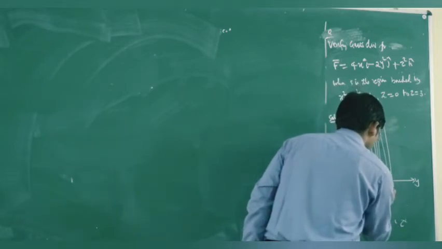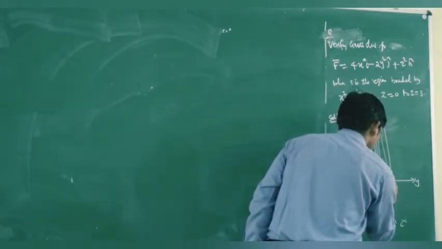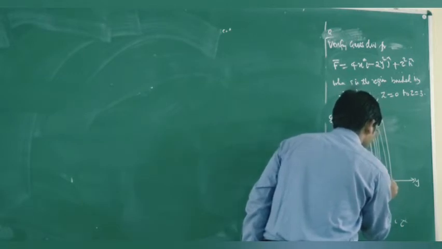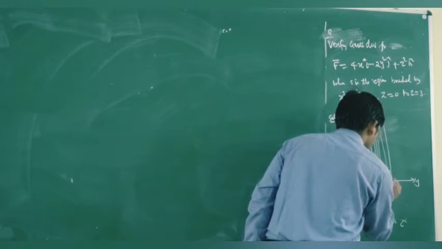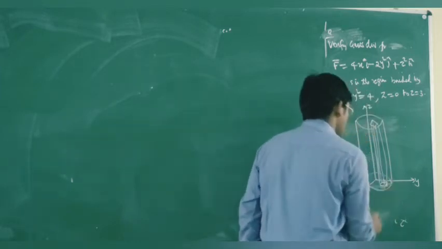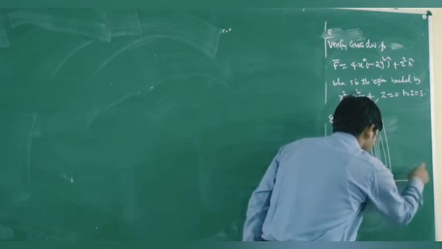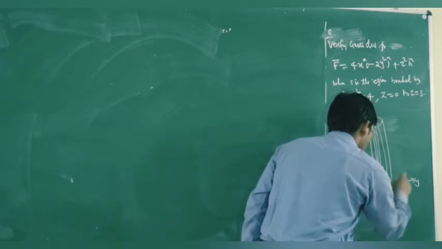So again we have the rectangle, which is parallel to the x axis, and then we have the portion parallel to the y axis.